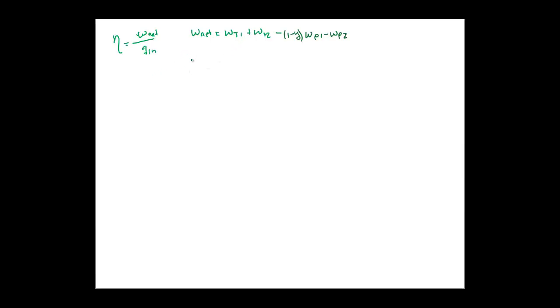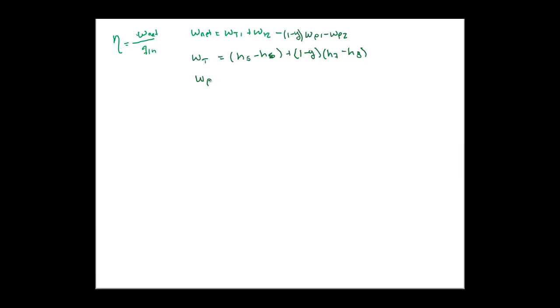Now the work of the turbine will be, let's add everything. So this will be h5 minus h6 plus (1 minus y), because we have less mass flow right there, times (h7 minus h8).